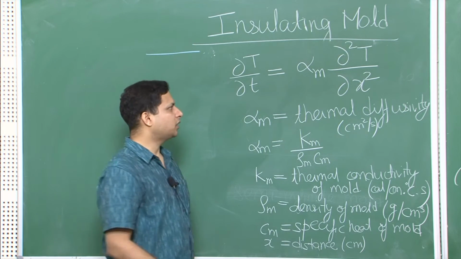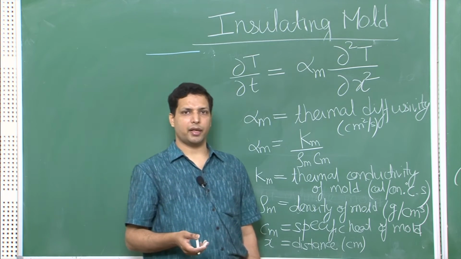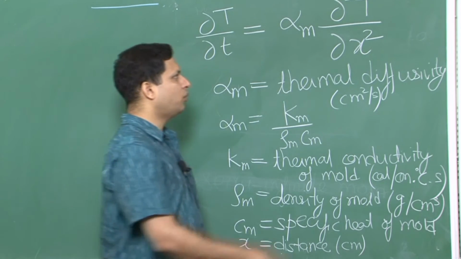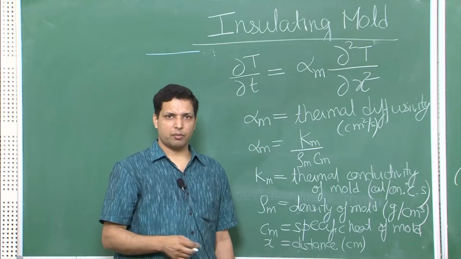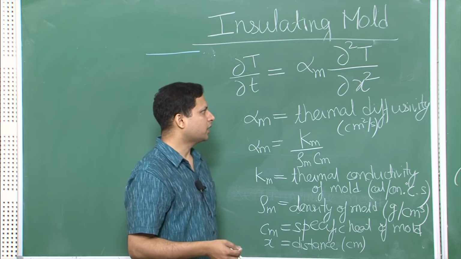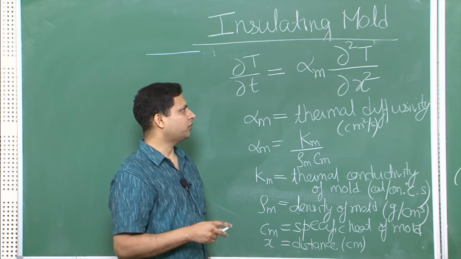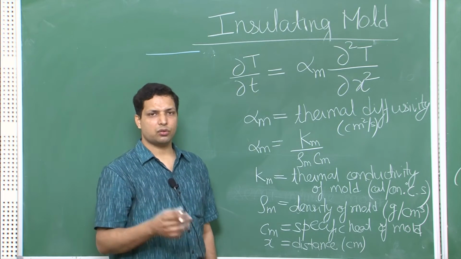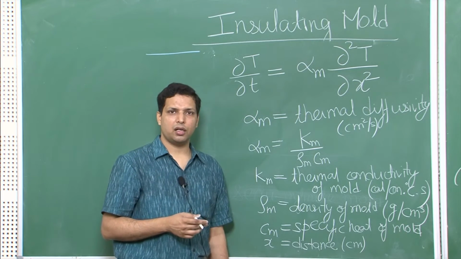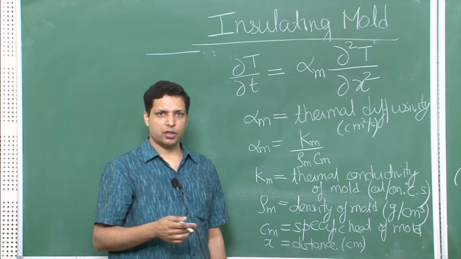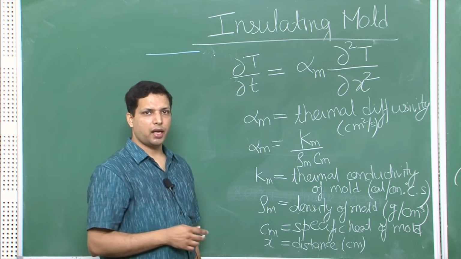We can also get the 3-dimensional or 2-dimensional form of the equation depending on the geometry, but for the sake of simplicity we will assume that it is a single dimensional object, for example a rod or something like that, and that does not take away any information from us. We can still do all the manipulations, and even though this is a single dimensional solution, we will be able to generalize it to even 2D and 3D.